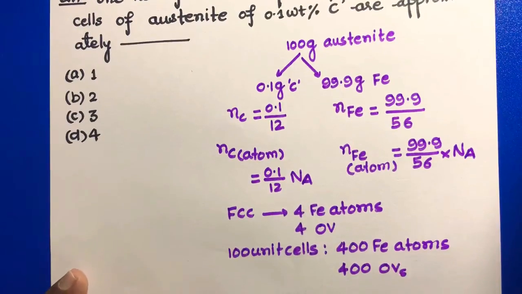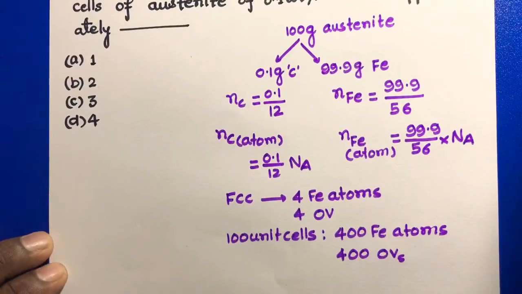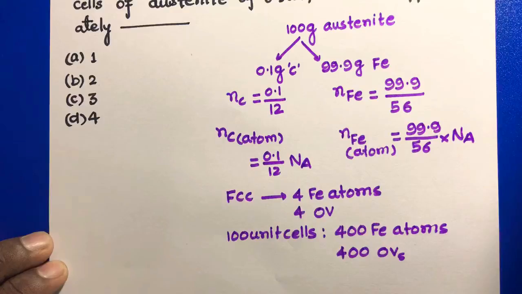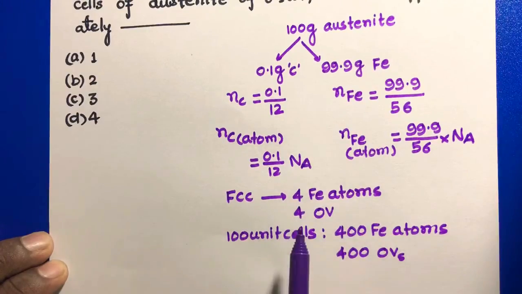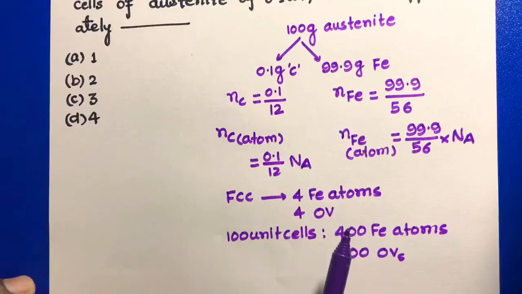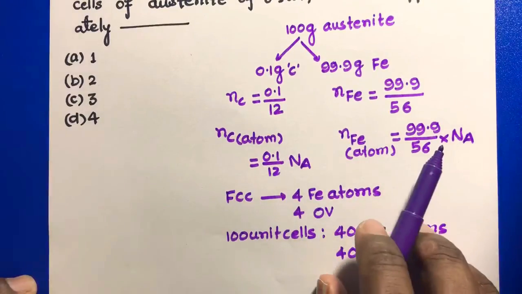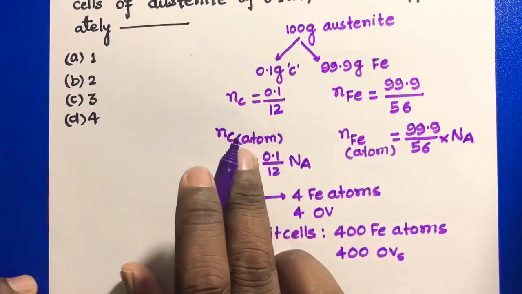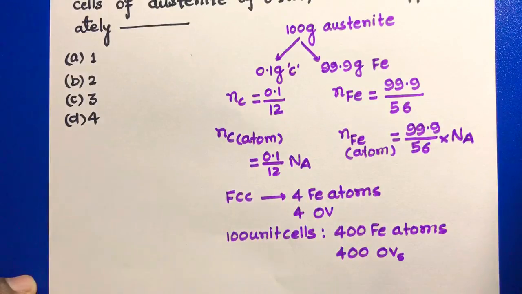Okay, now we have to find the number of carbon atoms present in 100 unit cells. So we know in 100 unit cells the number of Fe atoms is 400, because one FCC unit cell has an effective number of 4 atoms. And also we know that if this is the amount of iron atoms, then this will be the corresponding number of carbon atoms.